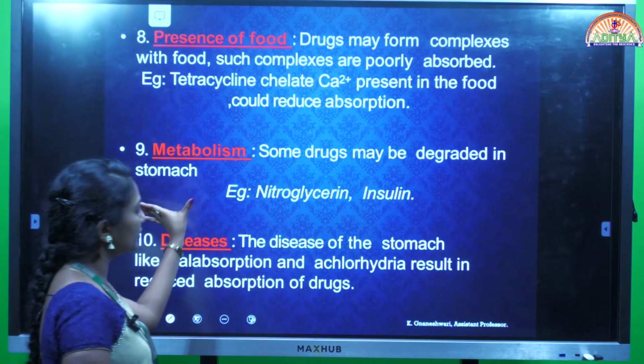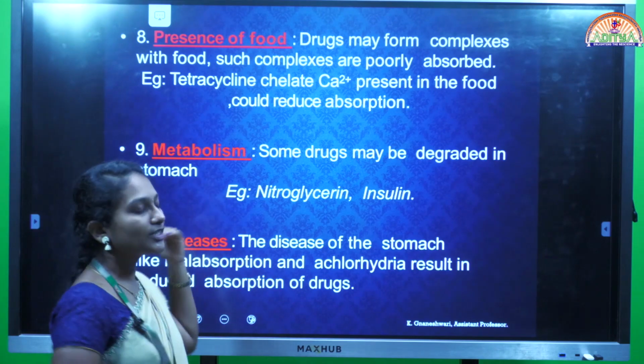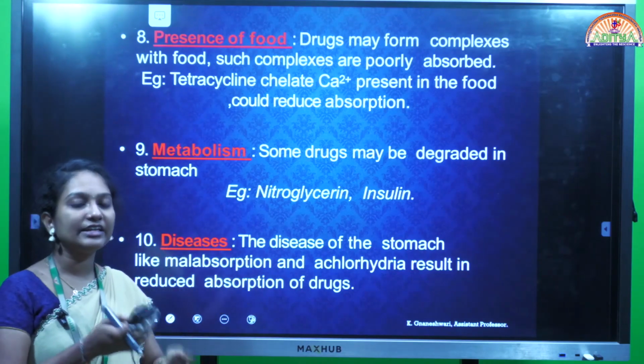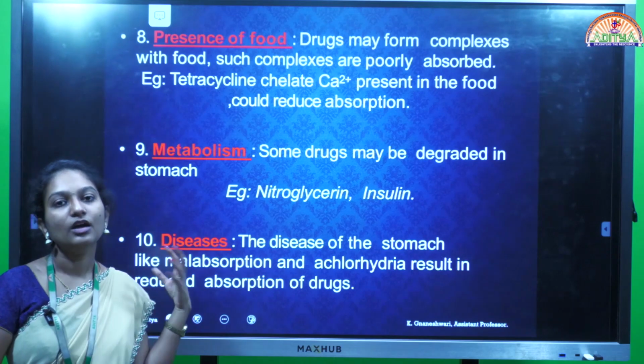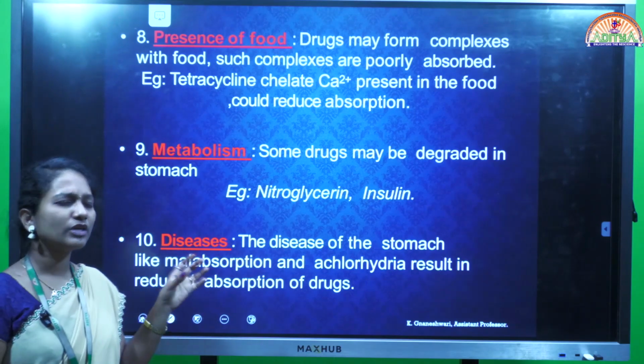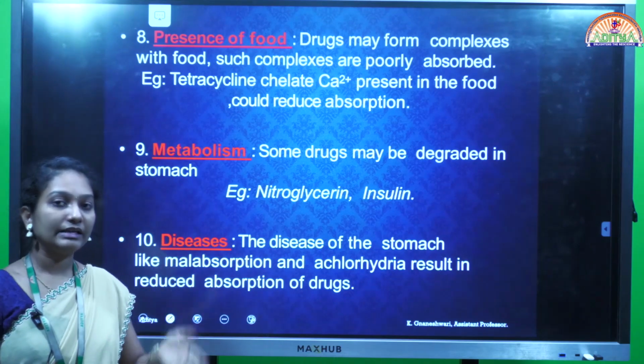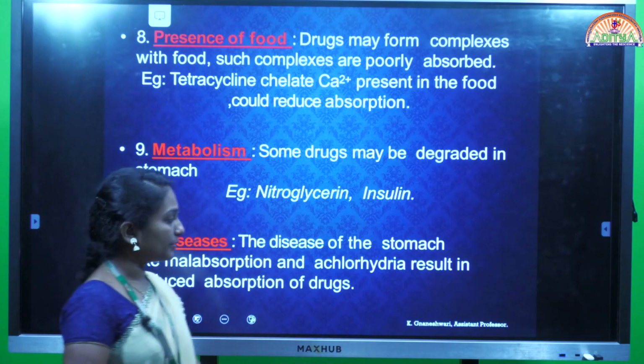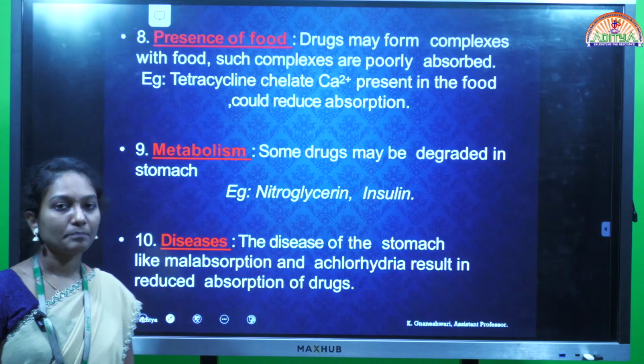And next is metabolism. There are chances where drugs could get metabolized or degraded within the stomach itself without being absorbed. Few drugs could get degraded within the stomach itself, like riboflavin or nitroglycerin.